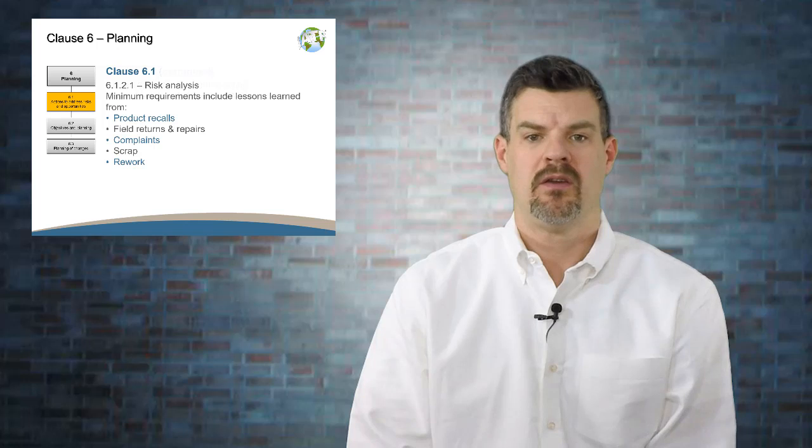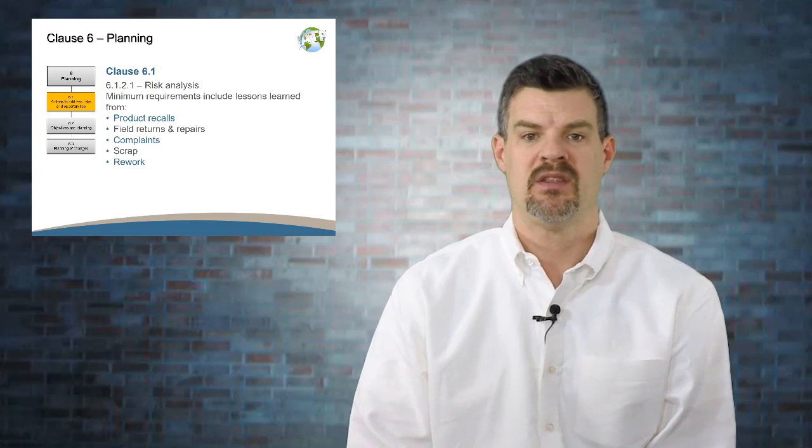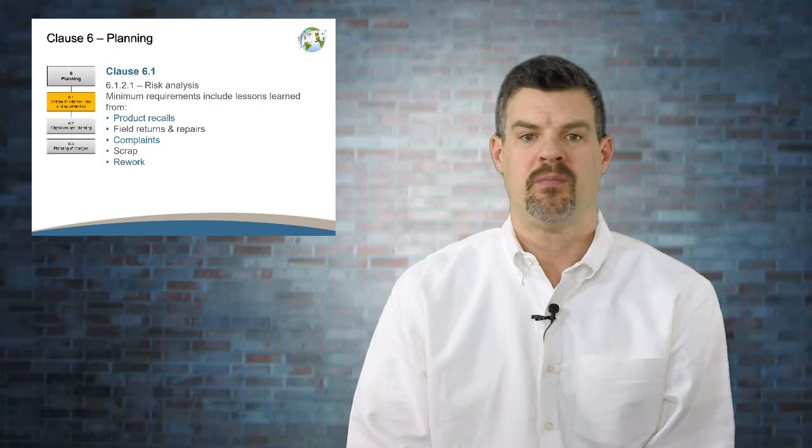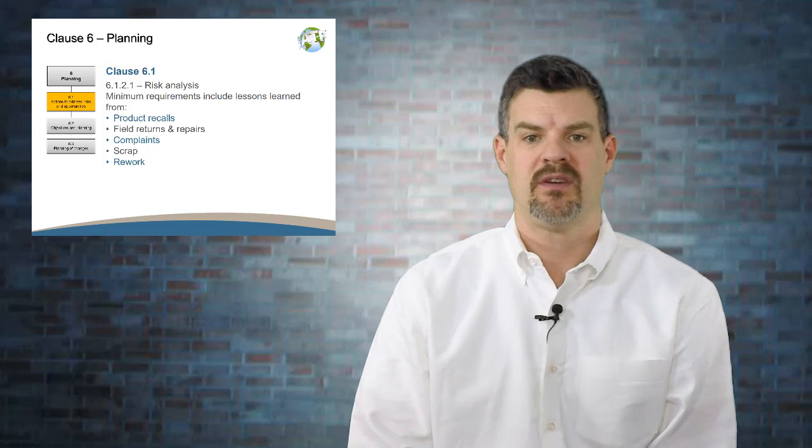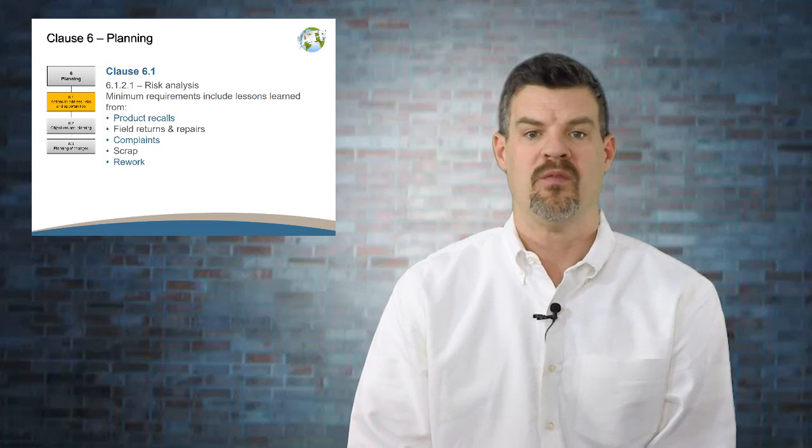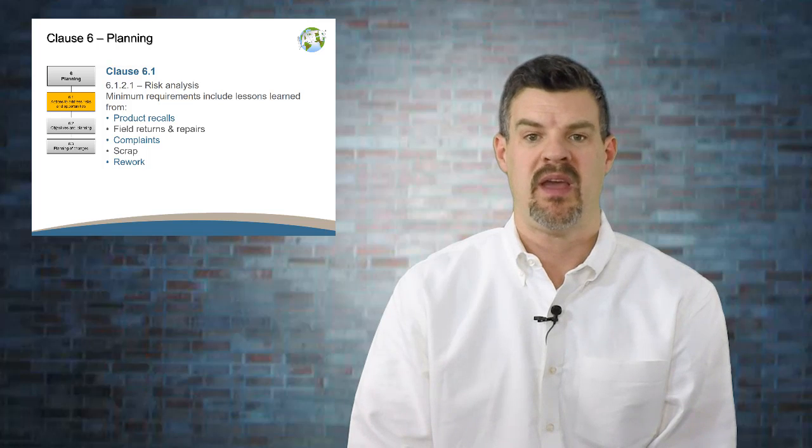And the idea there is basically looking at lessons learned, analyzing risk, analyzing the trends from the past, and applying those trends and those potential risks in a forward view to prevent risk, or at least manage or mitigate risk at the planning level in 6.1.